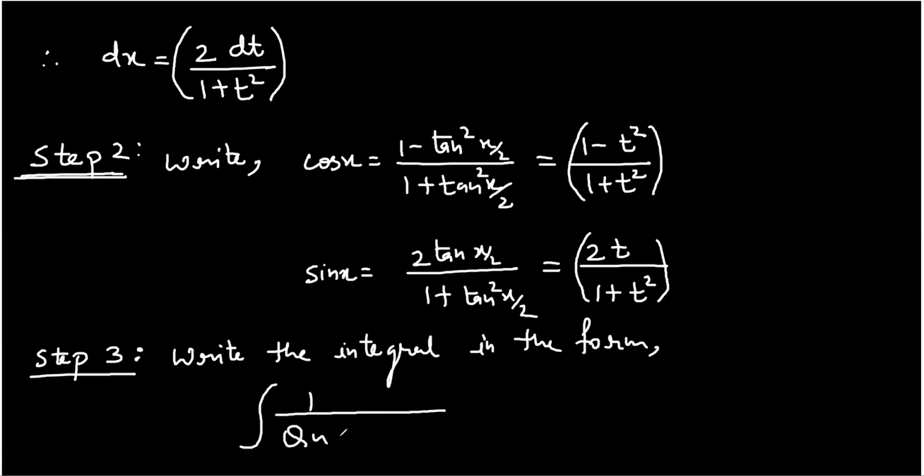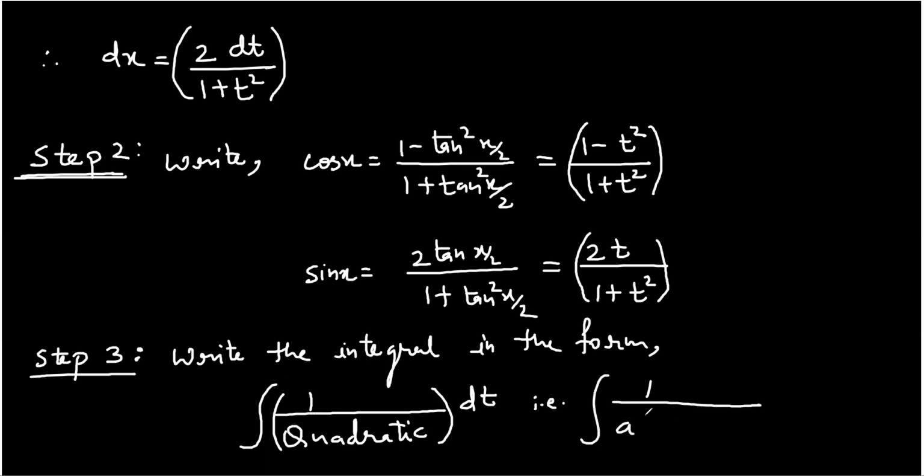It will change into this form, 1 upon quadratic dt, because everything will have changed into this, that is 1 upon at square plus bt plus c, dt.